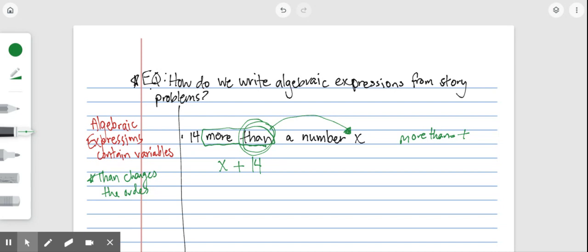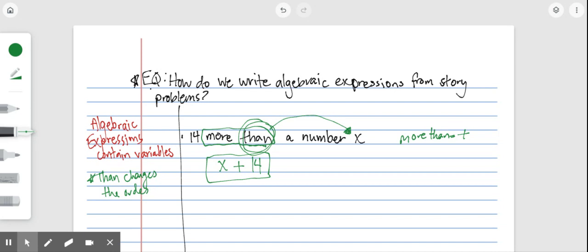So if I start with x and I add 14 to it, I will get that final number. And then this is as far as we can go because we don't know what the value of x is. So this is our expression, x plus 14. That's it. That's all we've got. Until we have a value to plug in for x, this is as far as we can write.